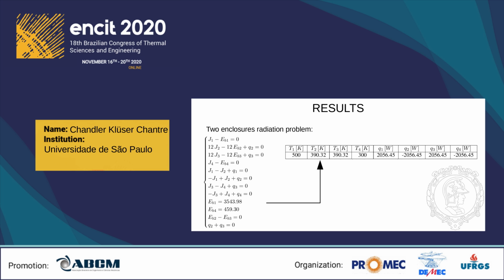Solving the linear system, we can see the results presented on the right side. Note that the surface heat fluxes are all equal with alternating signs, revealing that all heat received is transmitted to the next surface.